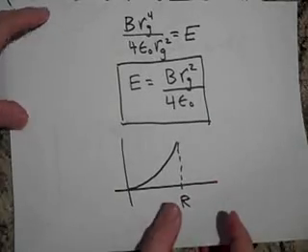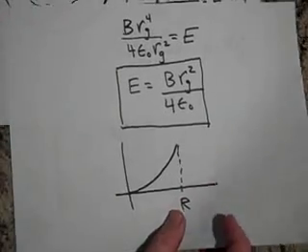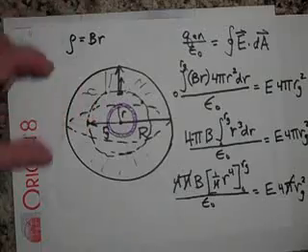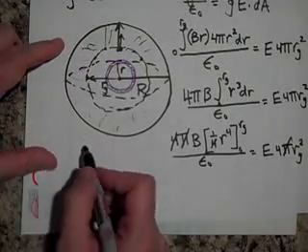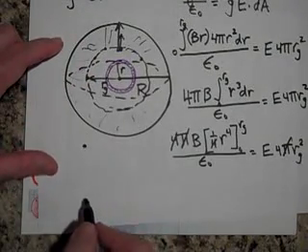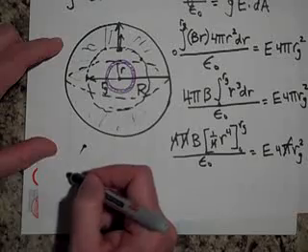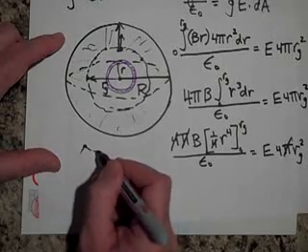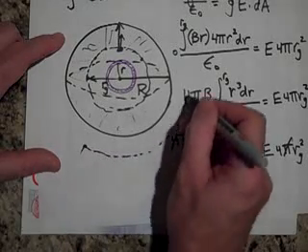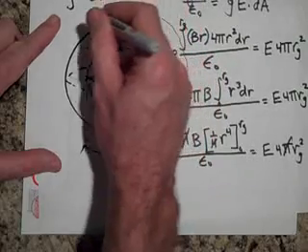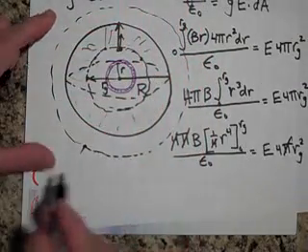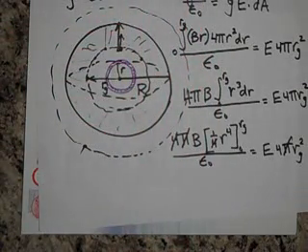Okay. What about if you're outside of the sphere? Out here, what would the electric field look like there? Well, it's straight out, but to get the value of it, I'm going to dot this and find the total flux through there both ways.